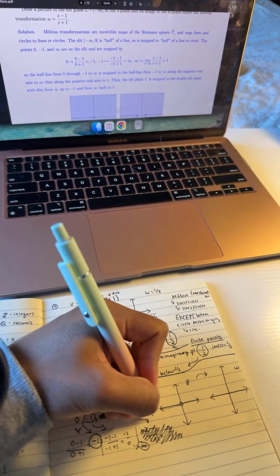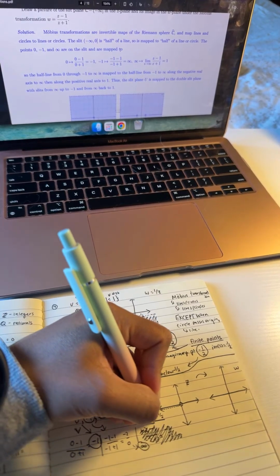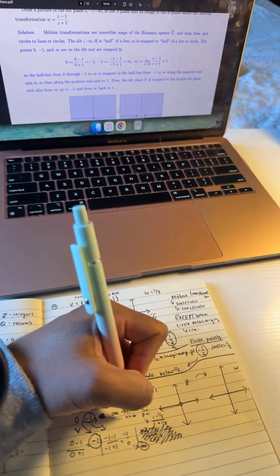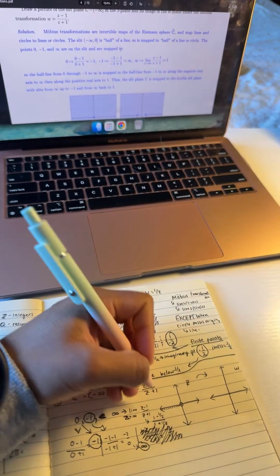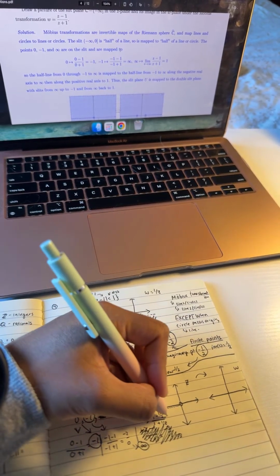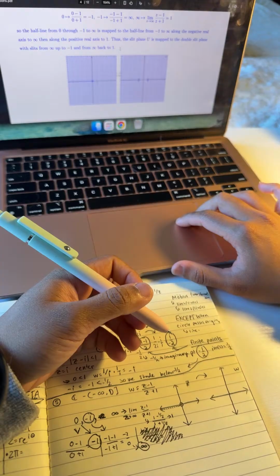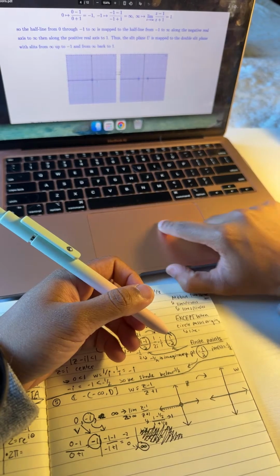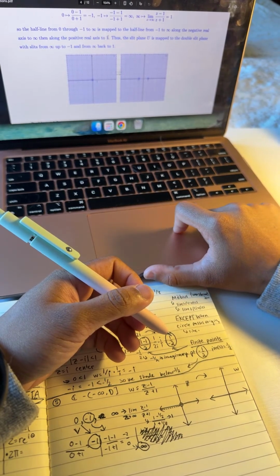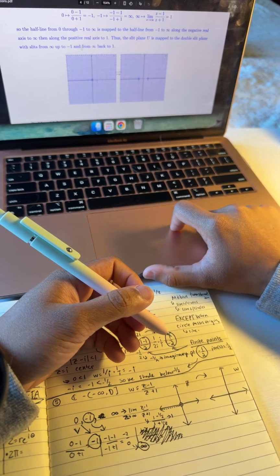That gives us 1 minus 1 over z all over 1 plus 1 over z. When z goes to infinity, we get 1 minus 0 over 1 plus 0, so it goes to 1. So the half line from 0 through negative 1 to infinity is mapped to the half line from negative 1 to infinity along the negative real axis, then along the positive real axis to 1. Thus, the slit plane U is mapped to the double slit plane that slits from infinity up to negative 1 and from infinity back to 1.